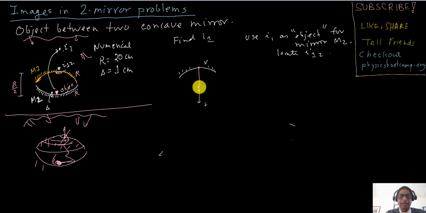The object distance is P1, and this distance is r/2, which is the same as focal length f1. Because this is within the focal length, it's going to be a virtual image, so the image will be behind the mirror.